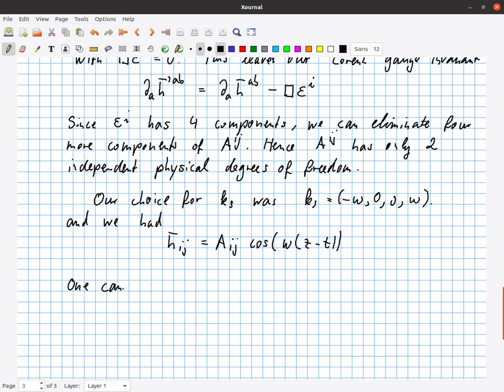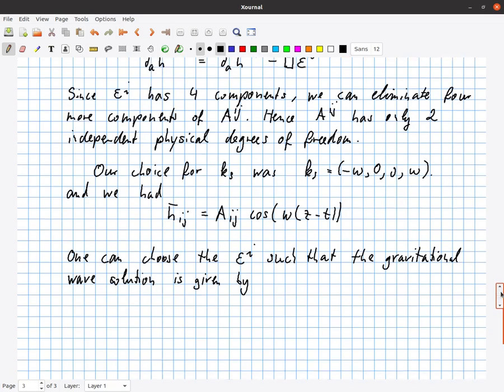One can choose our epsilon^i's such that the gravitational wave solution is given by the following expression.